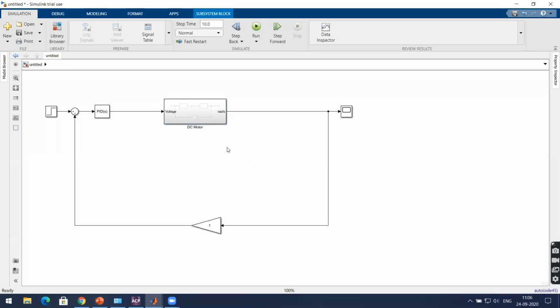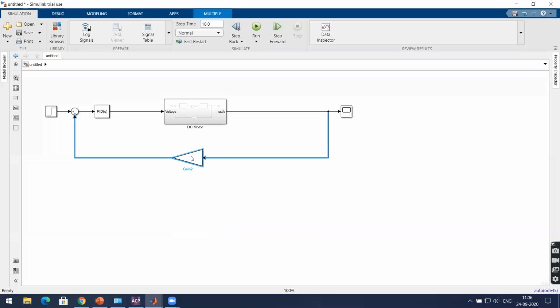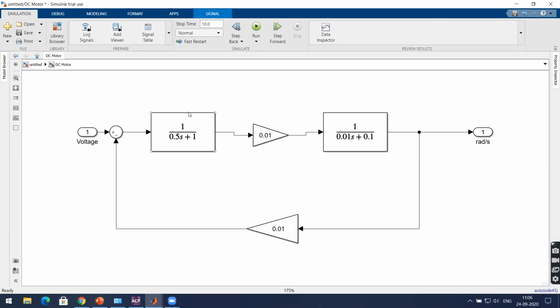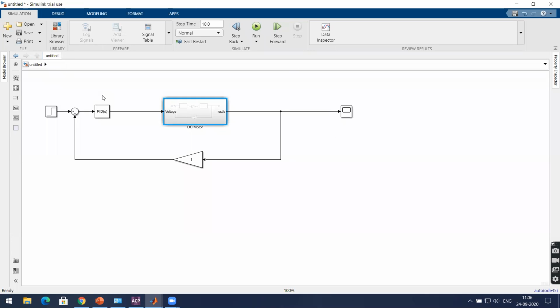You can see here that this has been updated. It's the same thing, just made to look smaller, so inside this the motor will be there. This is how you can do this.